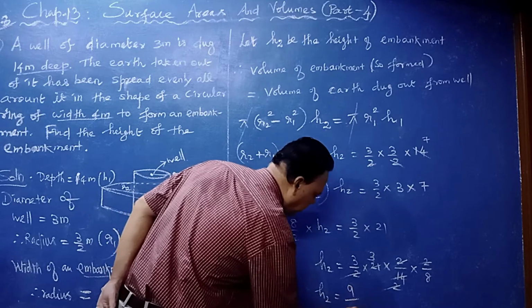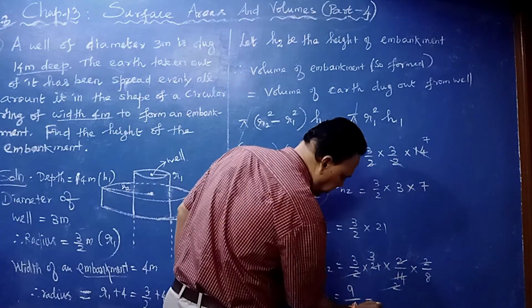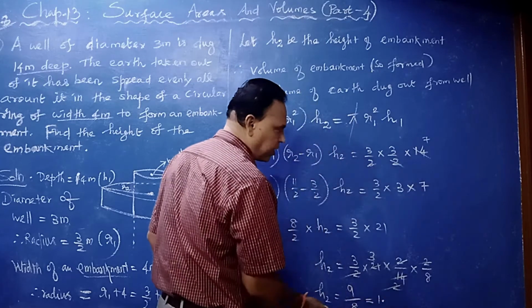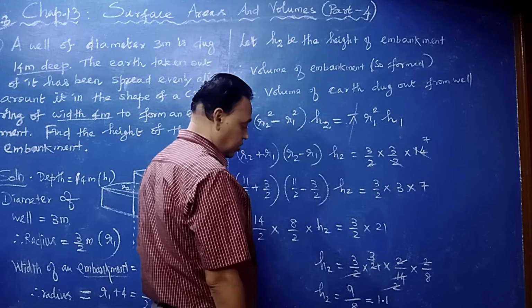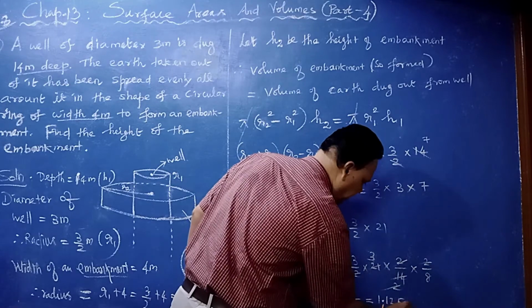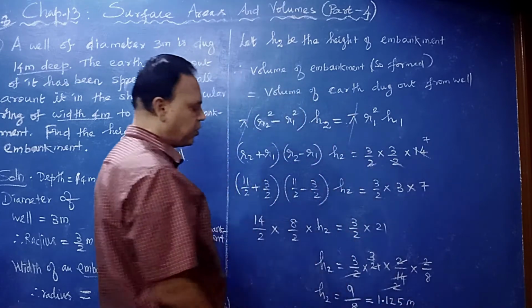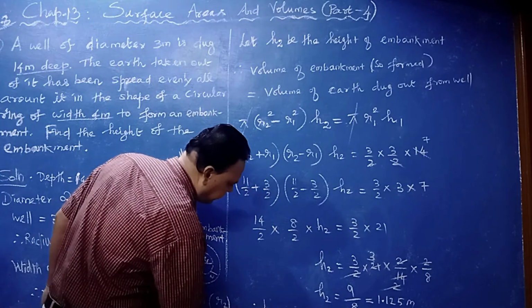H2 is 9 by 8. Dividing, 1 point, then remainder 1, then 2 remainder, 20 means 2 times, then 5. So 1.125 meter is the height of the embankment.